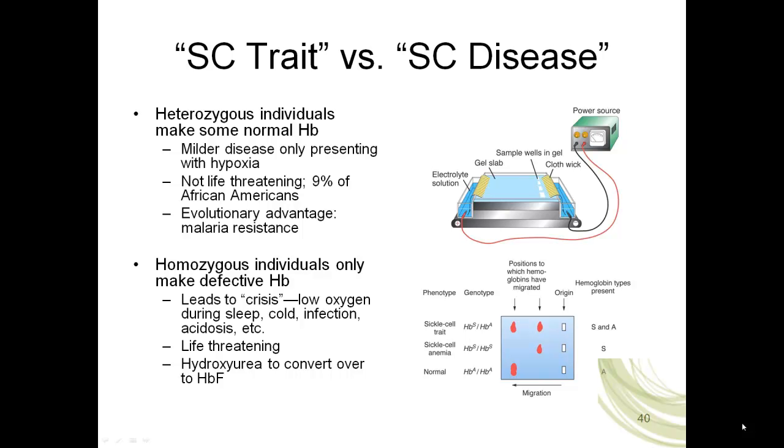And it turns out that people with sickle cell trait who live in regions affected by malaria have resistance to it. And I'm going to talk about that on the next few slides.